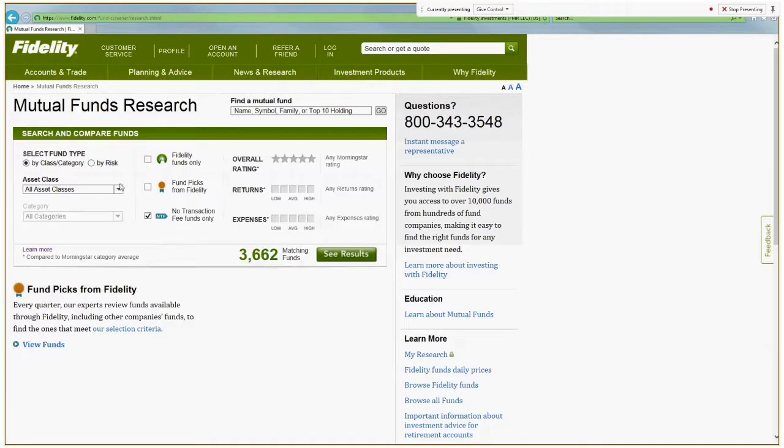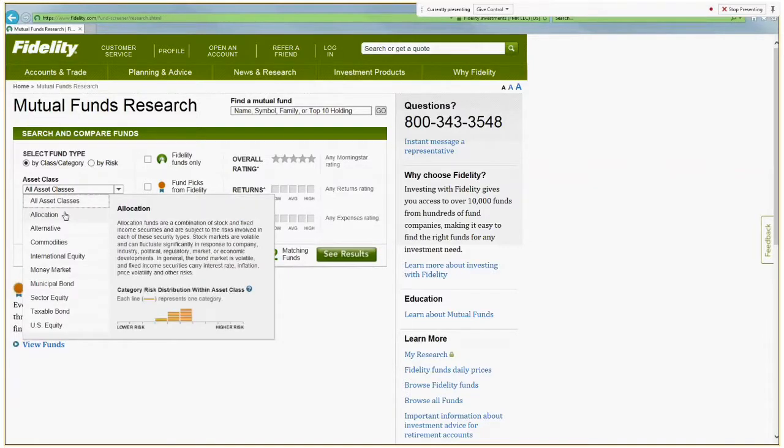Over here on the left side, you'll notice we have by class, category, and by risk. If we look at asset class, the first thing you'll notice is it's broken into different categories. And again, if you use the Yahoo Finance fund screener, you'll notice that they have a little bit different categorization.